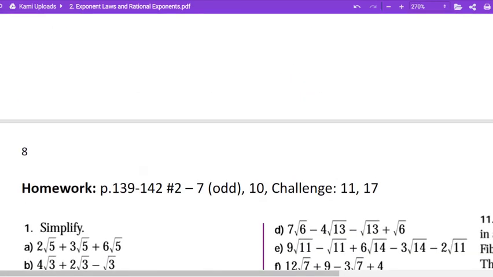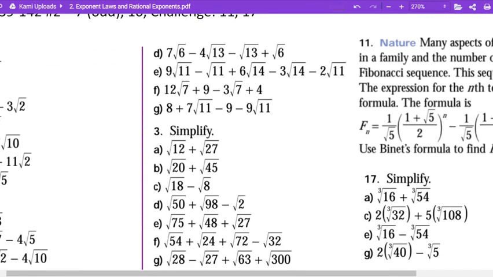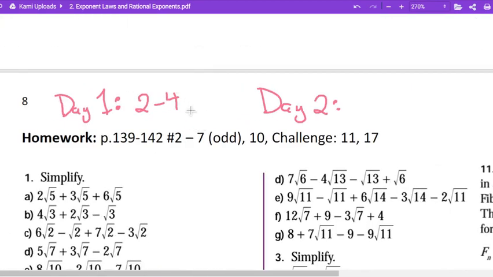So today you're going to do questions 2 to 4. That's day 1. Okay, and day 2. Oh, and you can do 17, I think. 2, 4, and 17 on day 1. And day 2, you're going to do 5 to 7, 10, and 11.